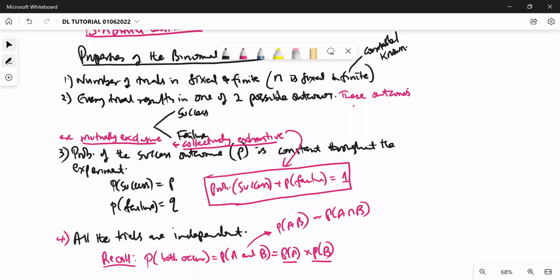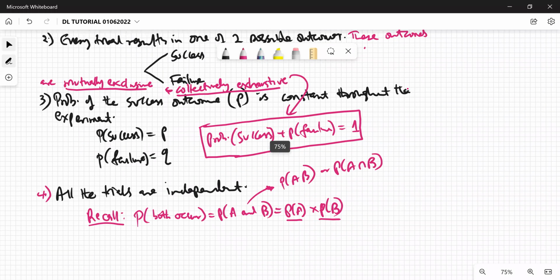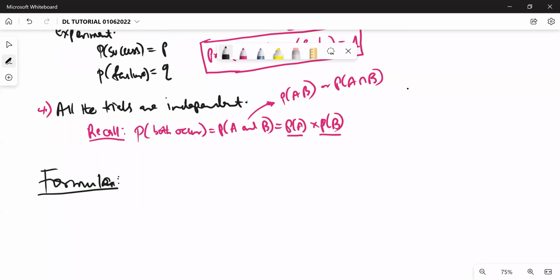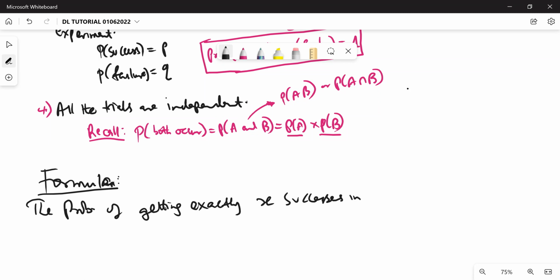Okay. Now, what is the formula of the binomial distribution? When the above conditions are satisfied, then this is how you find the probability of getting exactly x successes out of n trials.